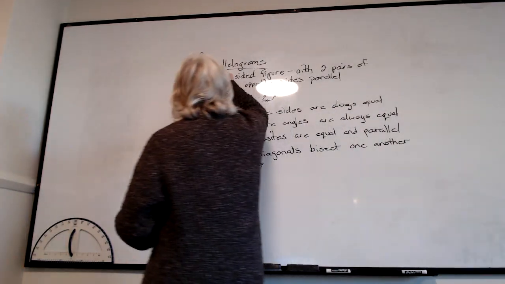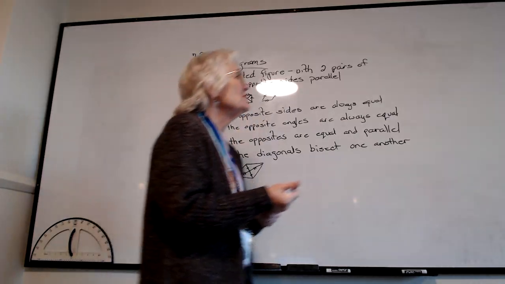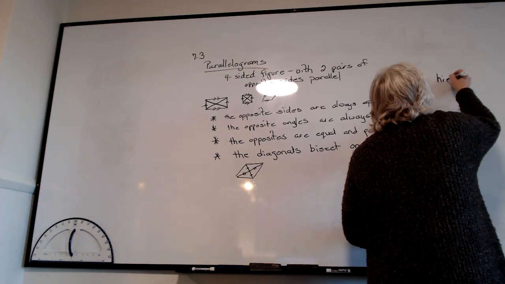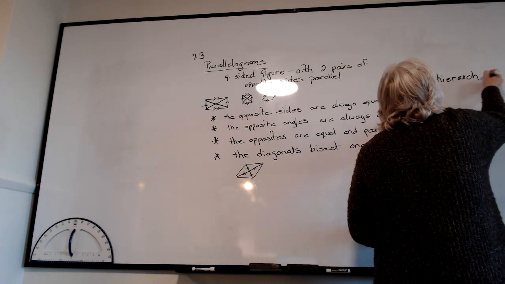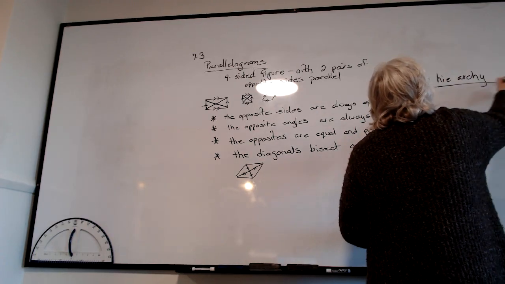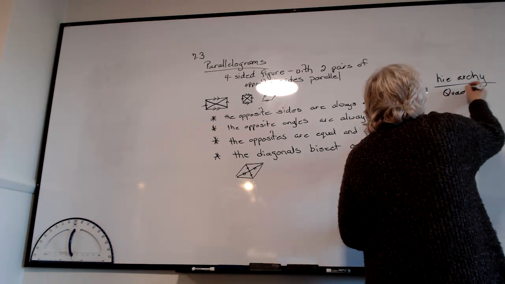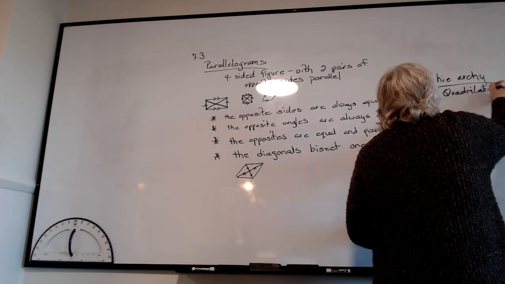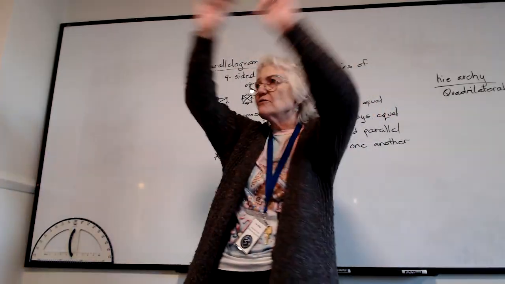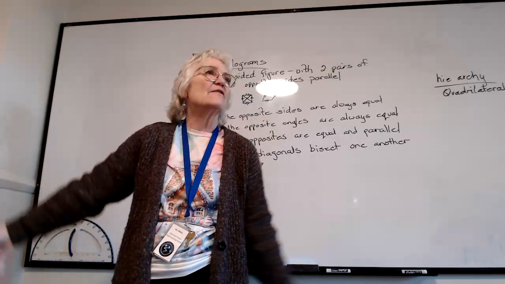If this is a parallelogram, it applies also to squares and rectangles, because if you draw it, there's a hierarchy. So we start with quadrilaterals. That's the widest, anything that's four-sided, so it encompasses everything.